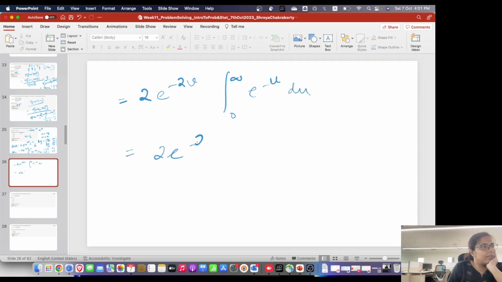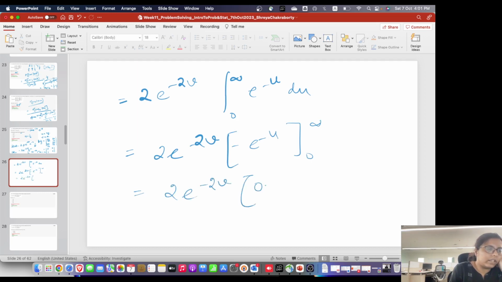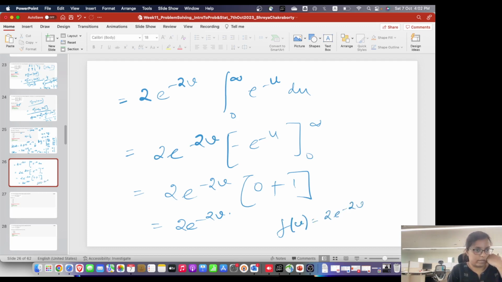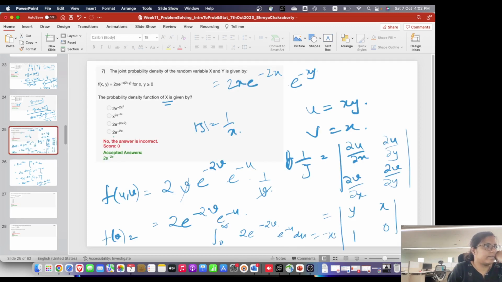This is 2 e to the power minus 2v into minus e to the power minus u, from 0 to infinity. That will be 2 e to the power minus 2v times 0 minus minus 1, it is 1. So fv is 2 e to the power minus 2v, or in other words fx equal to 2 e to the power minus 2x. That is the answer.